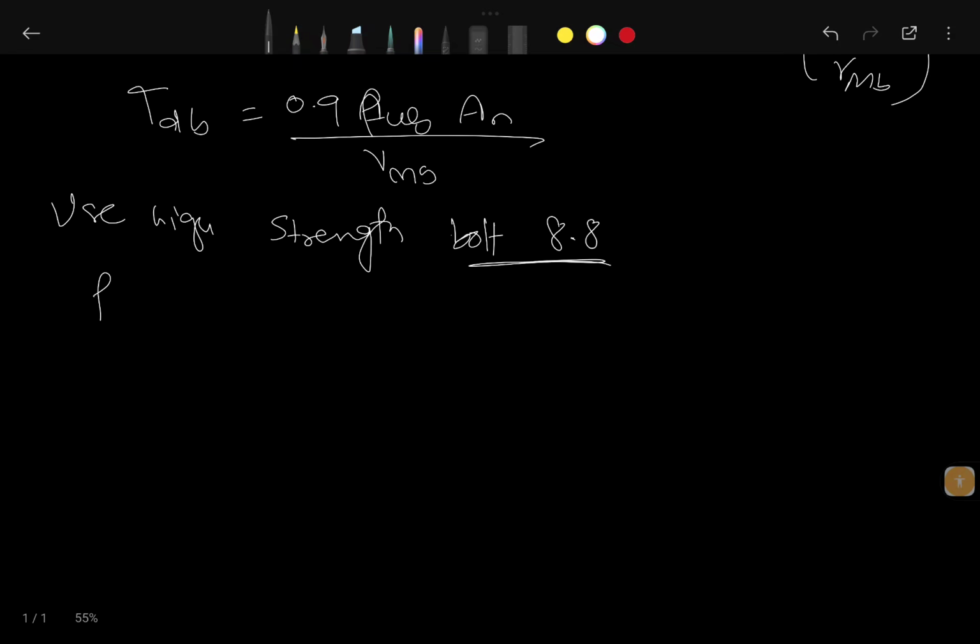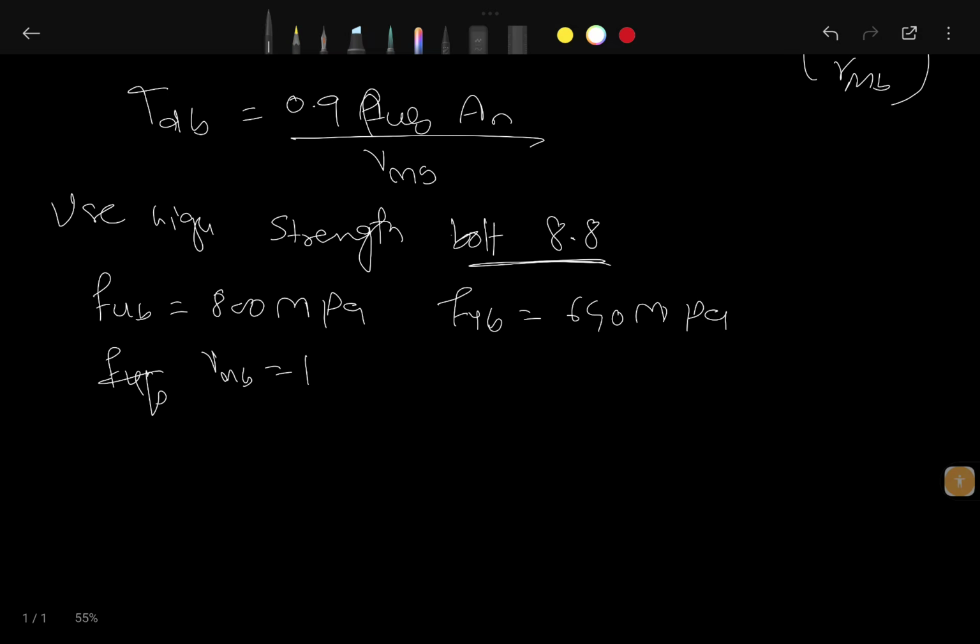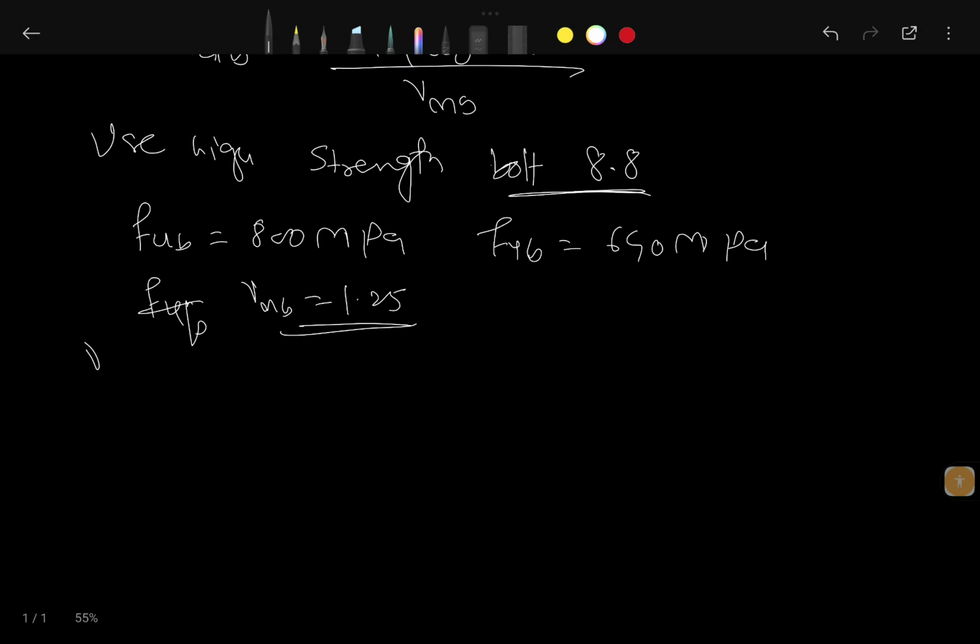Here we consider f_ub is equal to 800 megapascal and f_yb is equal to 640 megapascal, and γ_mb is equal to 1.25. So here A_n is nothing but the net tensile stress area.